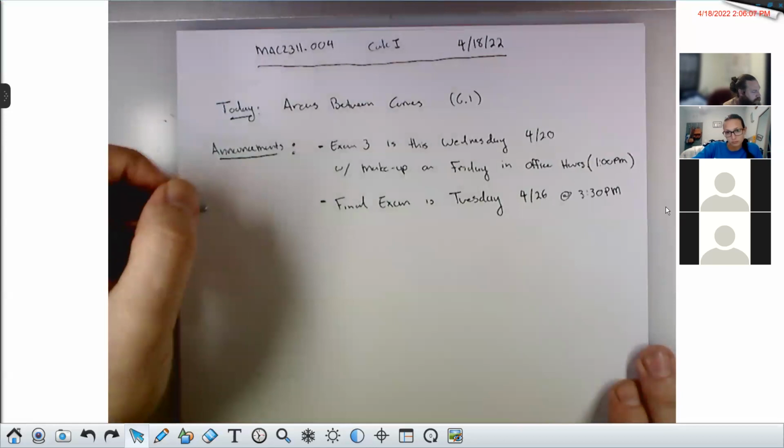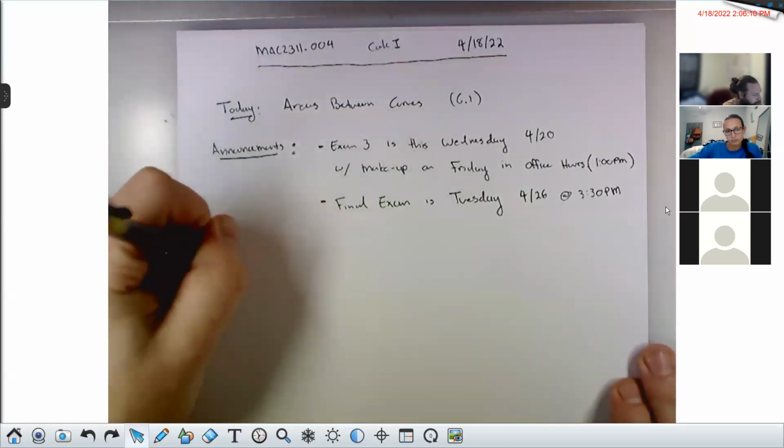We can talk a little bit about areas between curves.